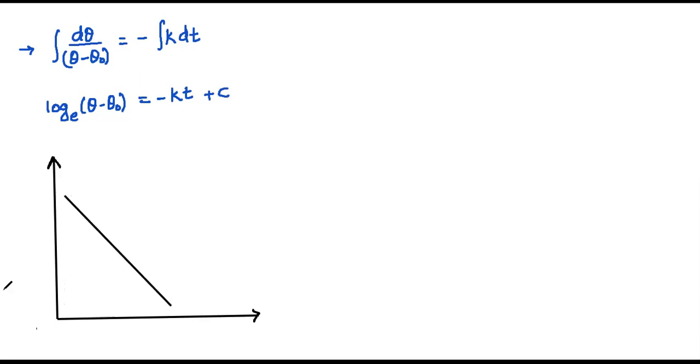On the y-axis, log e theta minus theta naught, and obviously here it is time, that is t on the x-axis. So what is the nature for this equation? Straight line with negative slope.